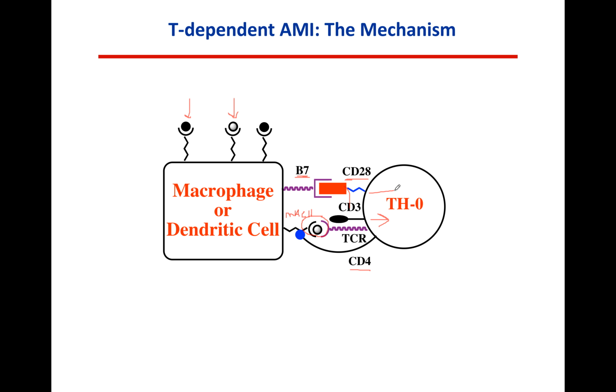This is really important because it's referred to as a secondary signal. You have a first signal and then a second signal to the T cell for activation. We need both signals to get activation.